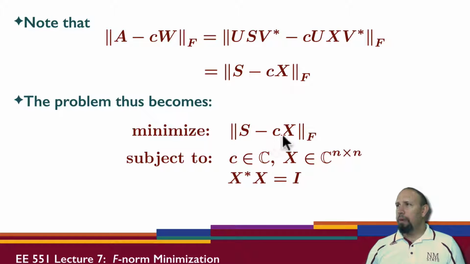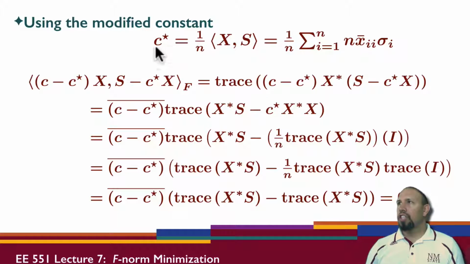So again, we have the same kind of problem. We're looking for a unitary matrix X here. So we've said that already. As I mentioned, we're going to go through and show that X needs to actually be the identity matrix, and that C is going to be equal to C star. So again, in this case, C star is given by this expression. So instead of being W and A, we can show that that inner product is equal to this inner product.